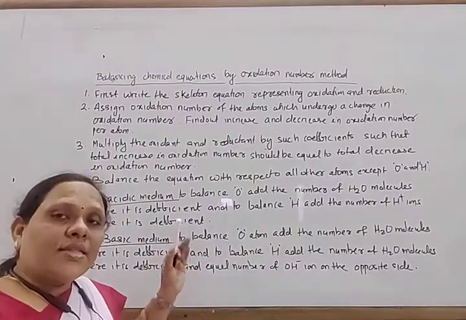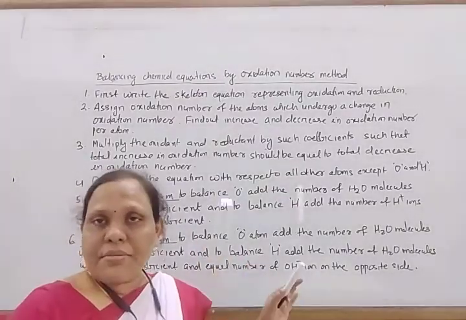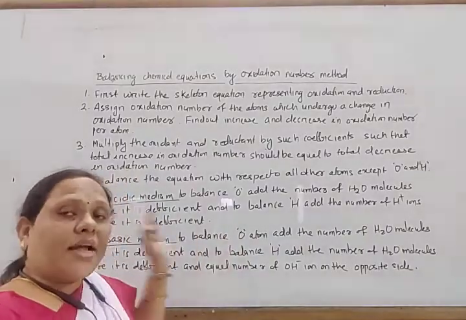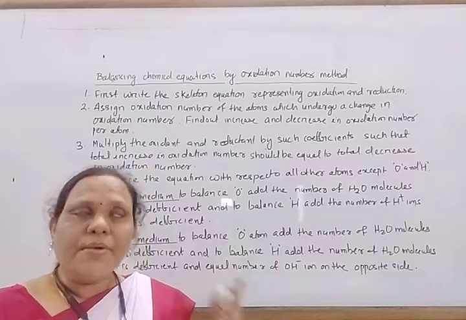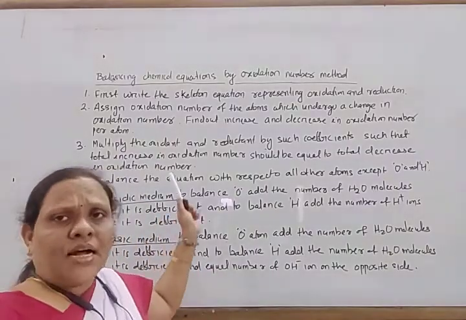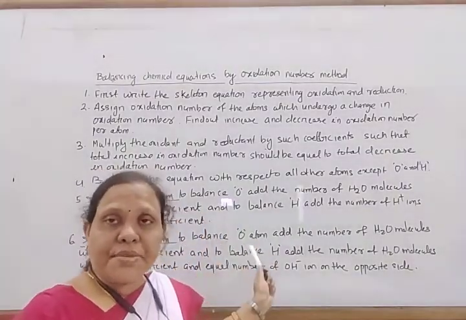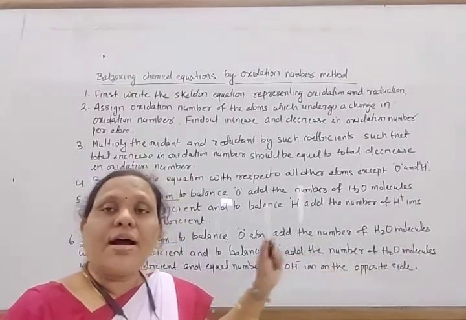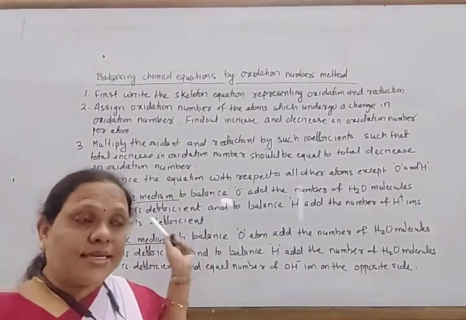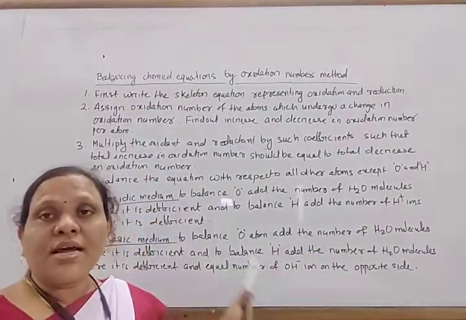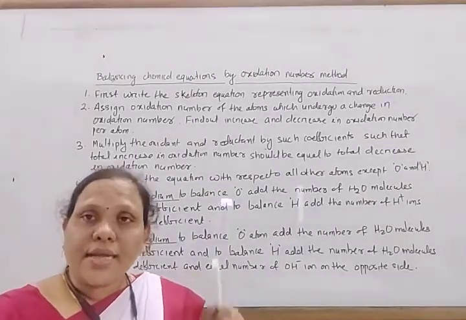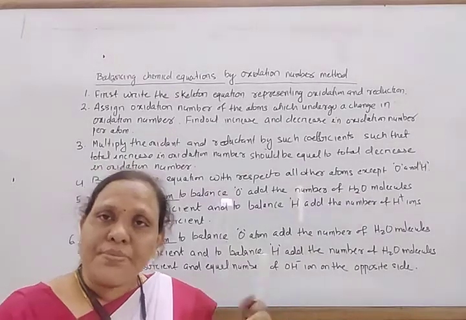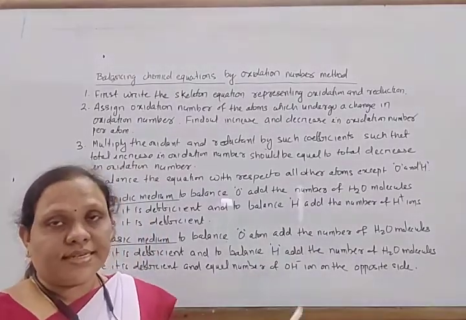Then balance the equation by hit and trial method. Except hydrogen and oxygen, balance all other atoms by hit and trial method. Next, in acidic medium, to balance oxygen, add the number of water molecules where it is deficient, and to balance hydrogen, add the number of H plus ions where it is deficient.